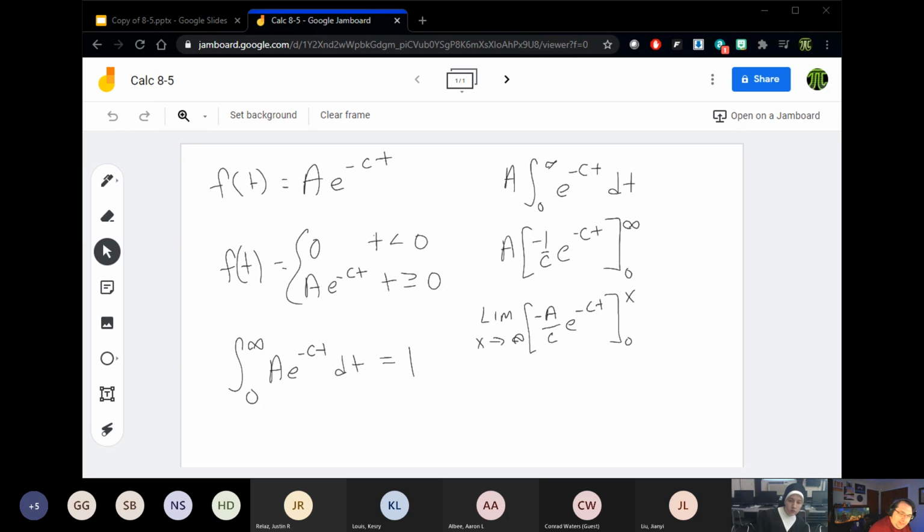So when we plug in that limit as x goes to infinity and the 0, this ends up coming out to be just a over c.